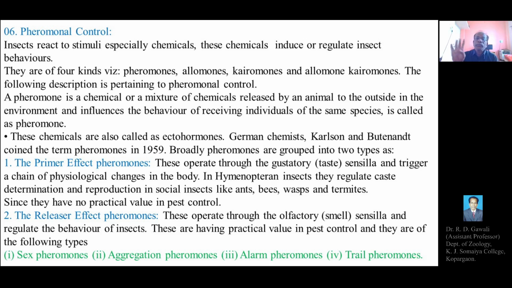So there are four types of pheromones which are released by insects and act through the sense of smell.